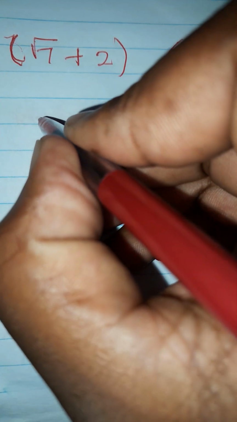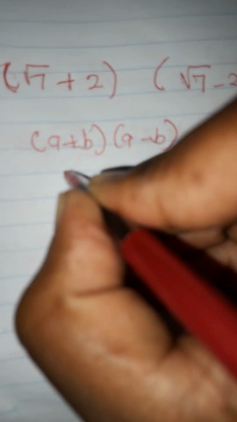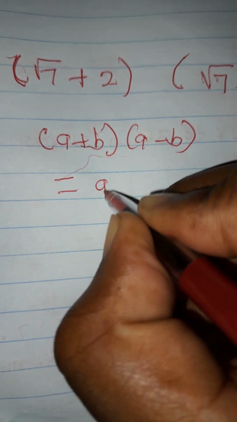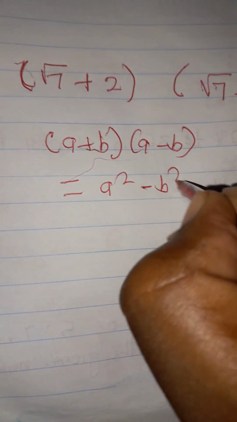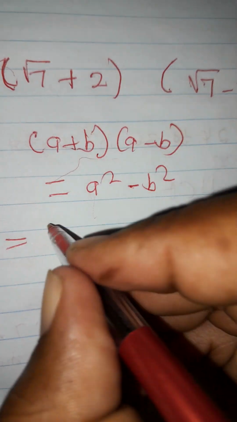First thing first, guys, when you're faced with such a question, this is what you should remember. In this case, this reminds us of a difference of two squares, the same as having a plus b as well as a minus b. If it was a difference of two squares, we know that we will say a squared minus b squared. So we are going to apply the same technique even here. It's going to be root 7 multiplied by root 7.